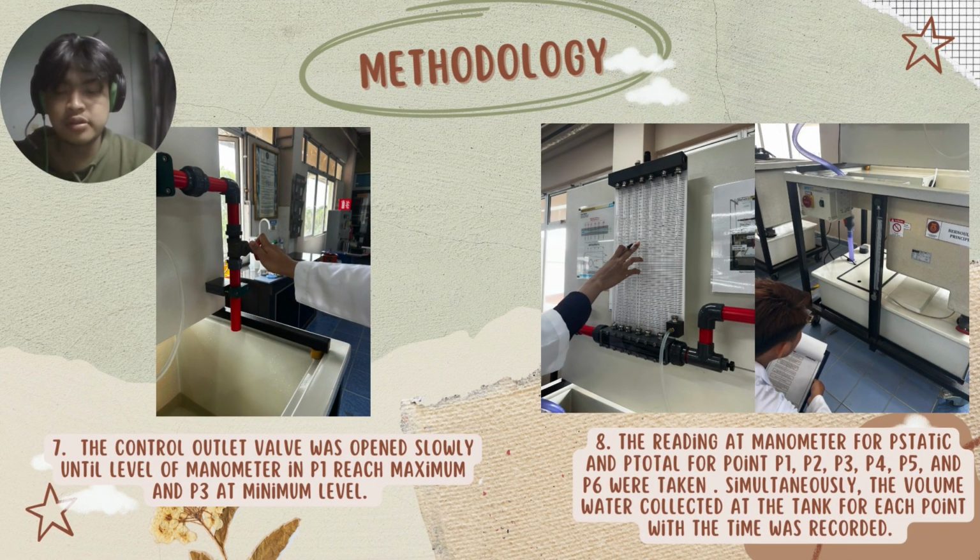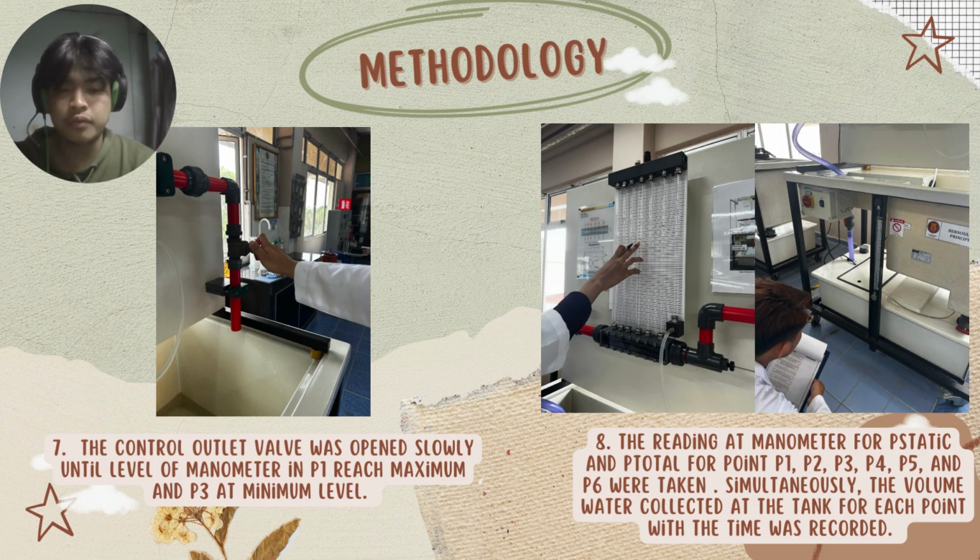Next step, the control outlet valve was opened slowly until level of manometer in P1 reached maximum and P3 at minimum level. So the eighth step, the reading at manometer for P static and P total for point P1, P2, P3, P4, P5 and P6 were taken.